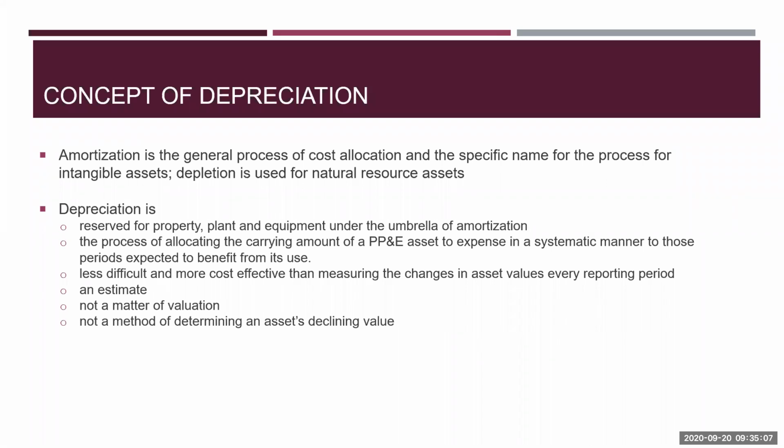Depreciation is a concept where the cost of your capital asset, your long-lived asset, is spread over its useful life. If we are looking at physical assets, such as your property, plant, equipment items, then we call it depreciation.